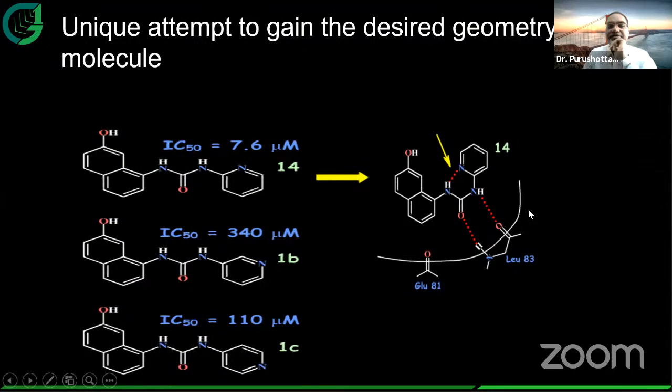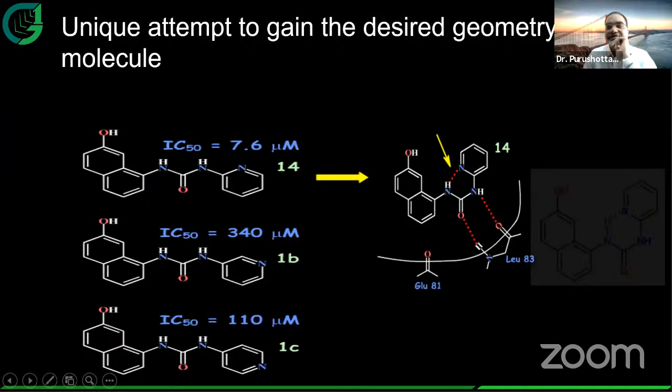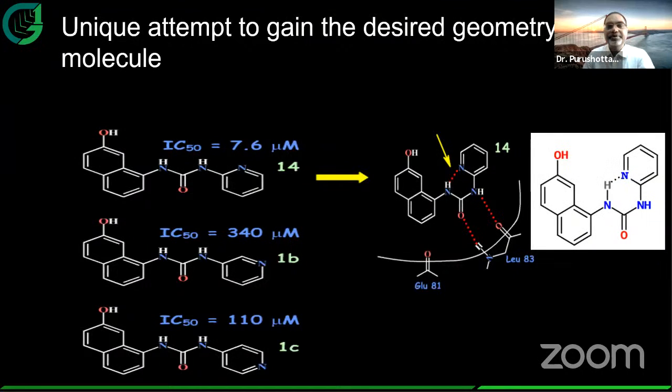Okay. So the compound 14, we have seen that it is forming a hydrogen bonding. Now let us go ahead with the compound 1A. See, this compound 1A we have seen in the last slide, and the compound 1A was having a 120 micromolar activity. So almost we have brought down the activity several folds just by placing the nitrogen over here.